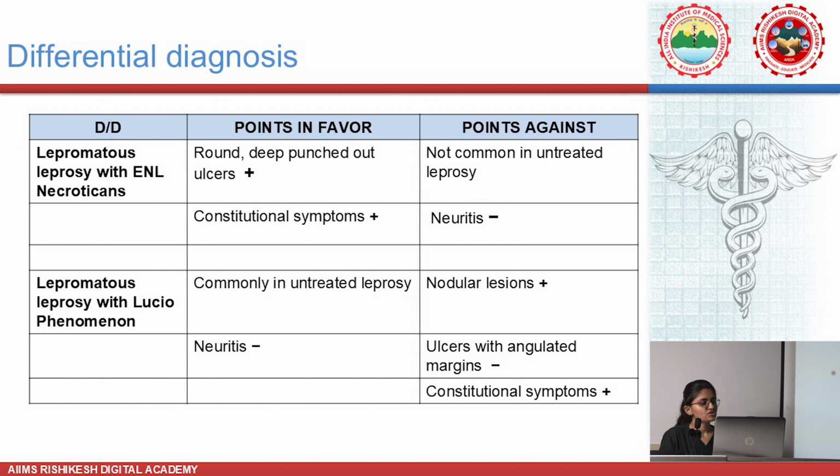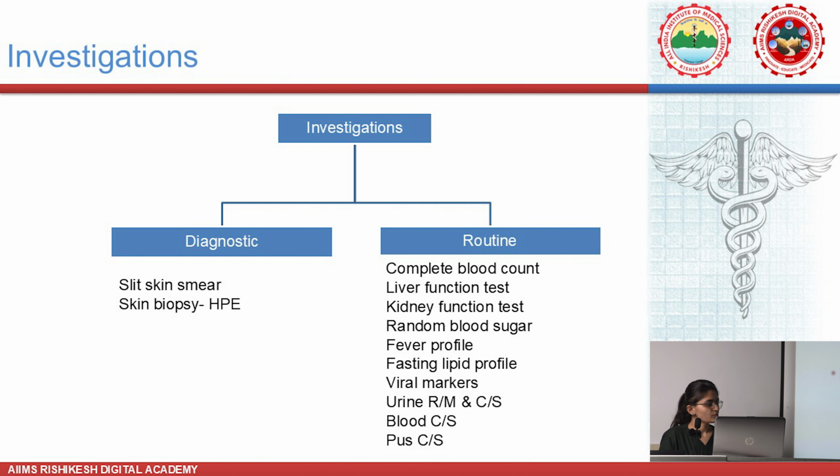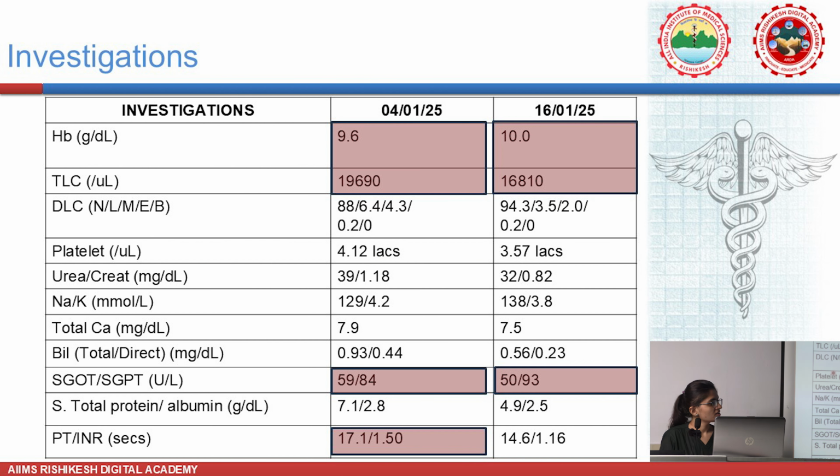Following this, investigations were done. The diagnostic investigations included slit skin smear and histopathological examination, and the routine investigations included complete blood count, liver and kidney function tests, fever profile, viral markers, and all the cultures, including urine, blood, and pus culture. During the first admission, the patient's hemoglobin was 9.6 gram per deciliter, and the total leukocyte count was raised, that was 19,690.